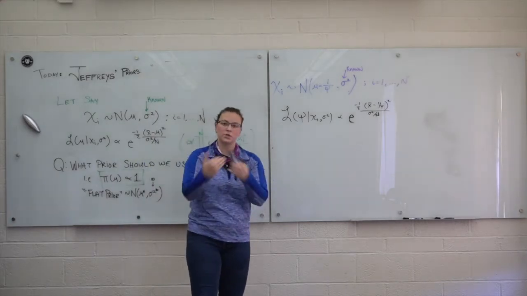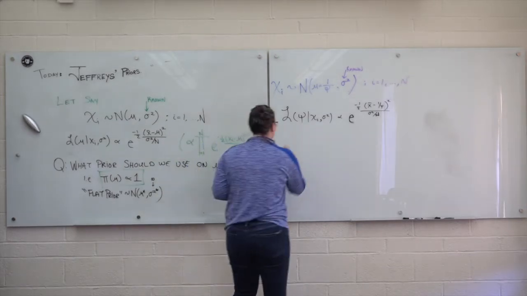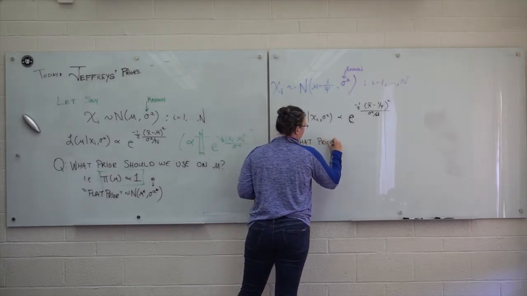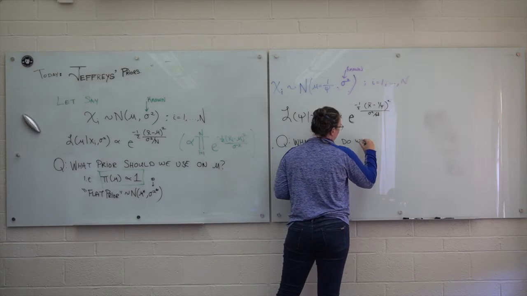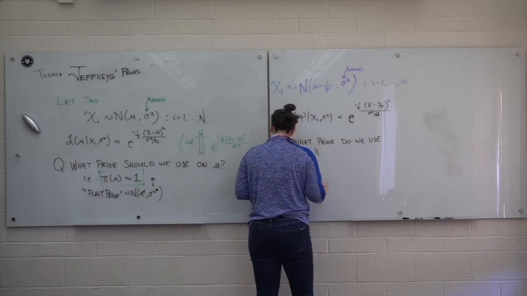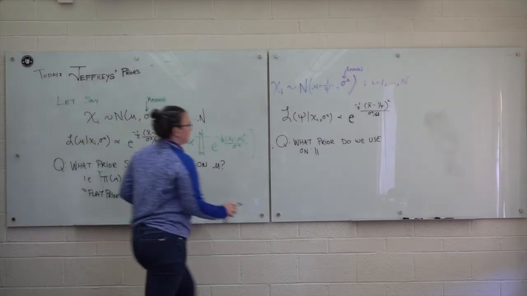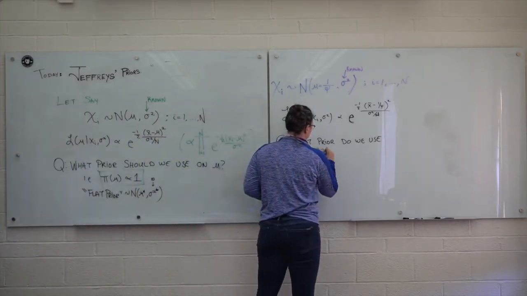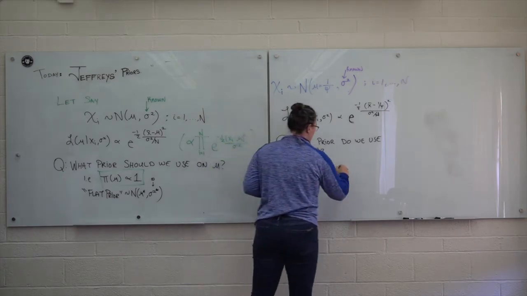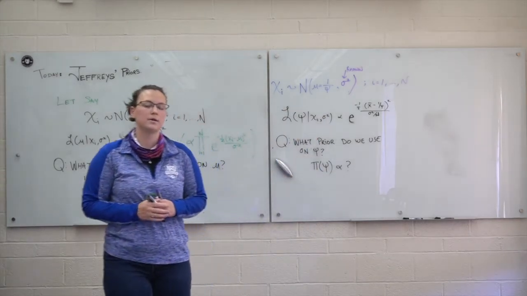And the question, as we're Bayesians in this class, is what prior do we use? So let's think about that. Question. What prior do we use on psi?